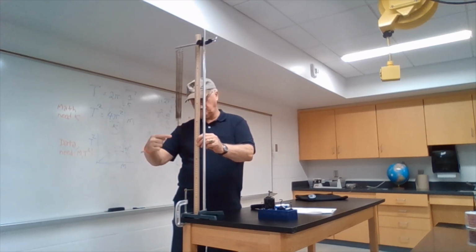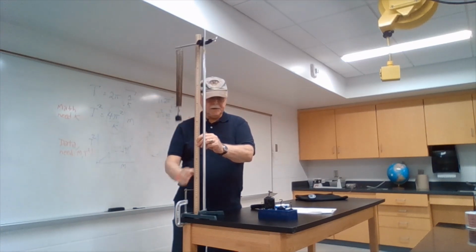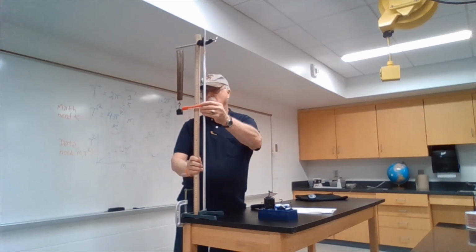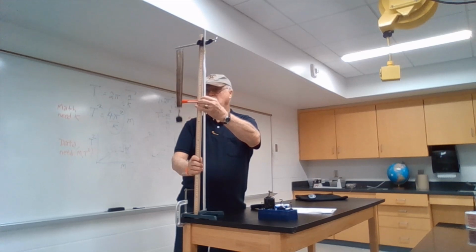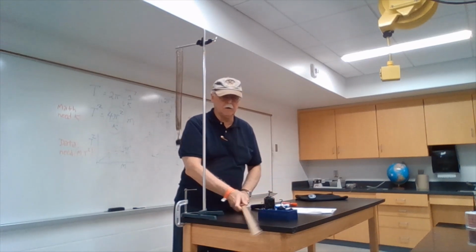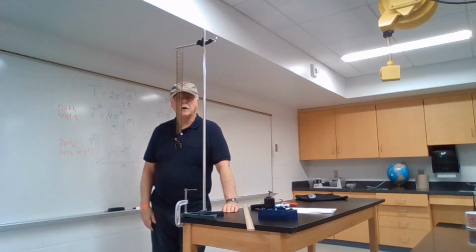And you can see somebody's going to measure the bottom and somebody's going to watch the top. And you can do this real easily with another ruler, or you can do it with a straight edge of some kind. And you just keep moving it up and you move it down. So while you're doing that, somebody's timing it, you end up with 10 oscillations. And you can calculate the time period.